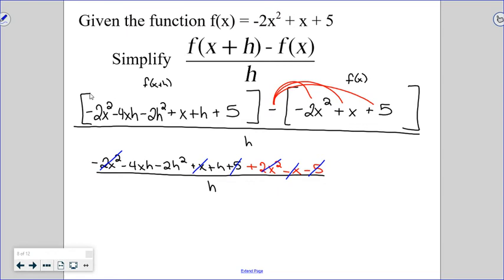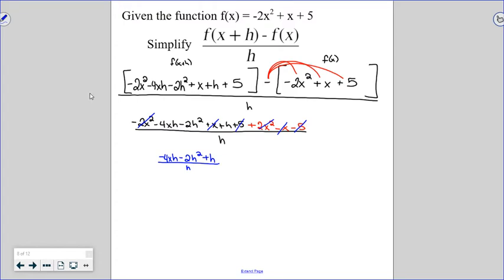It should be my h terms. So what do I have left over? Negative 4xh minus 2h squared plus h, over h. Why is that such a big deal? Because I can now simplify. GCF at this point, specifically of h. They all should have an h in common. So I'm going to factor that out.